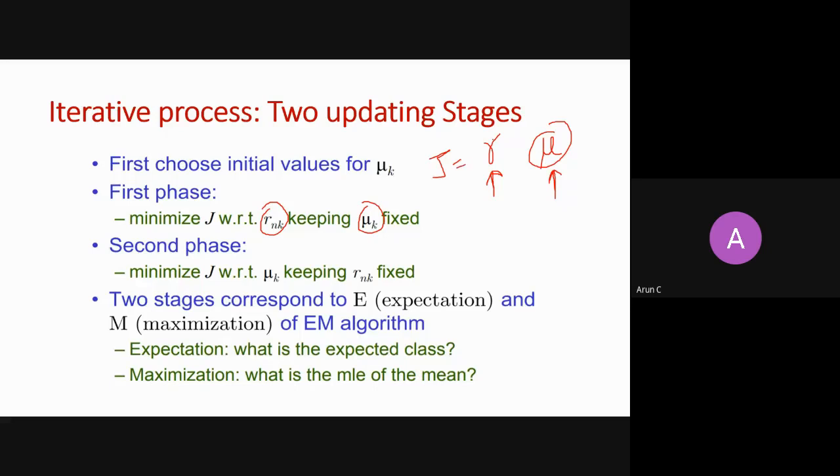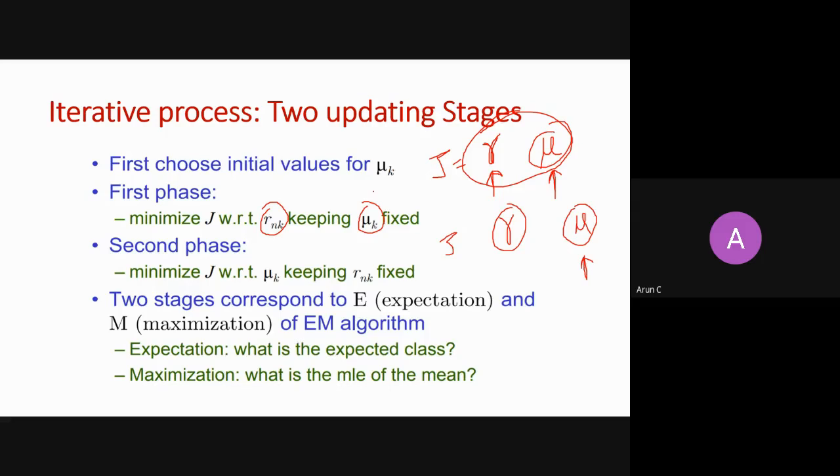The moment I find a value for r, I make r fixed, then make mu the variable and change mu to minimize my j. So I keep alternating between r and mu: first I minimize with respect to r, then with respect to mu. Fine. This is the whole story.